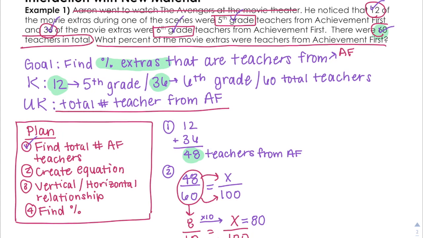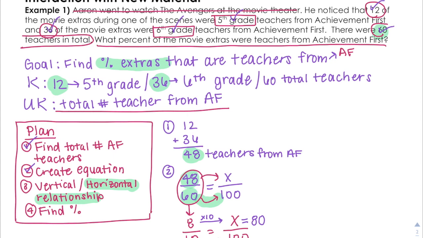Okay, so not only did we create our equation, which was 48 over 60 equals x over 100, we also determined that we had a horizontal relationship because we were moving horizontally to go across. Actually, we had kind of a combination of the two. Because there was nothing we could do to go from 60 to 100, we had to find the relationship between 48 and 60.